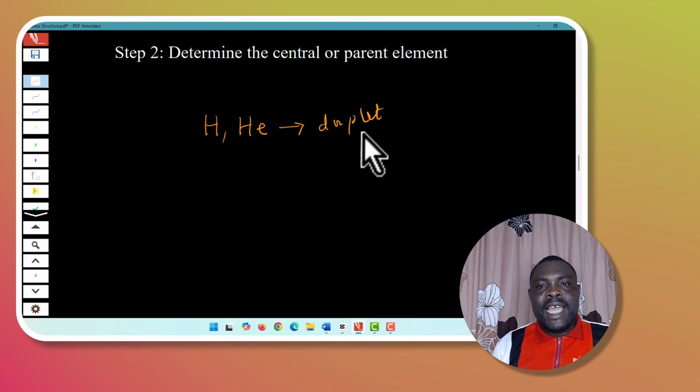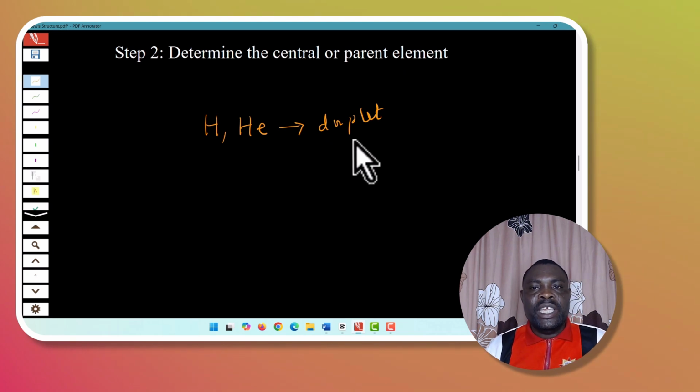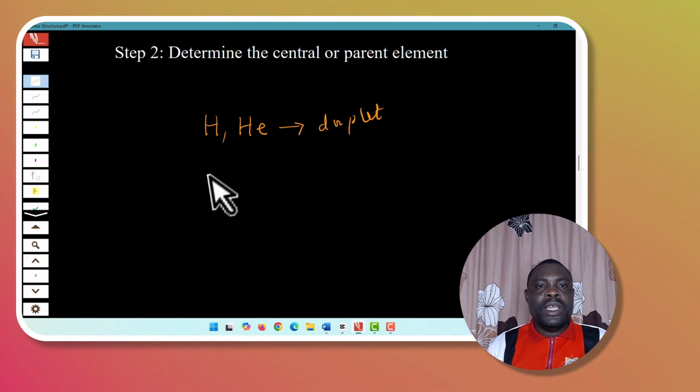That is, their outermost shell contains a maximum of 2 electrons. So that's the first rule. The second rule is that the first element in any molecule or ion is the parent element because it is always the most electropositive element.